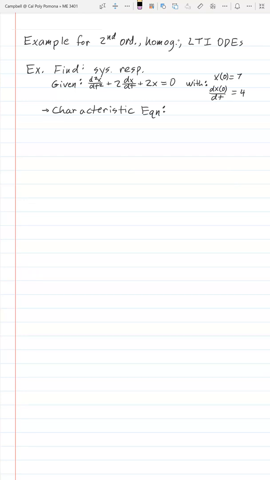So we understand that when we take the second derivative, we're going to end up with an s squared.